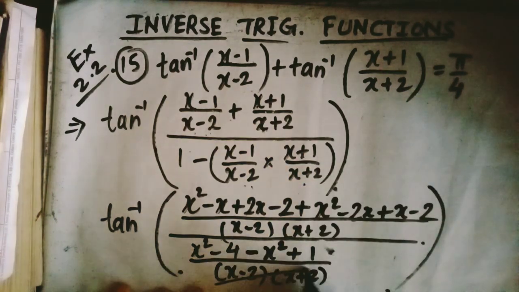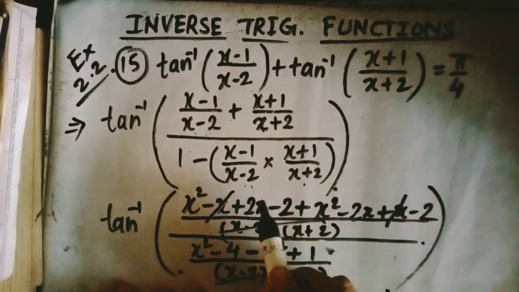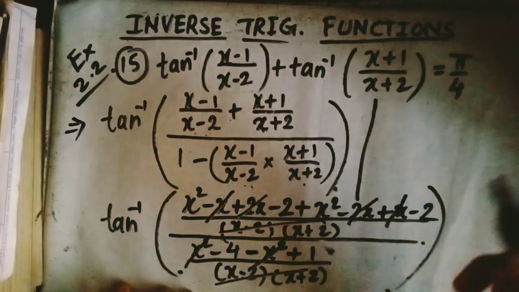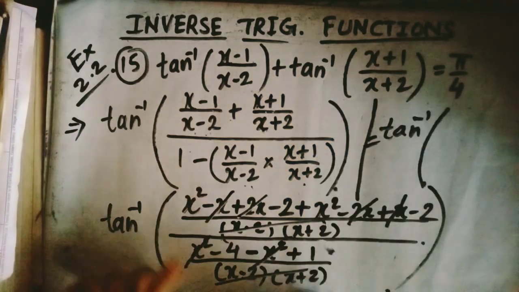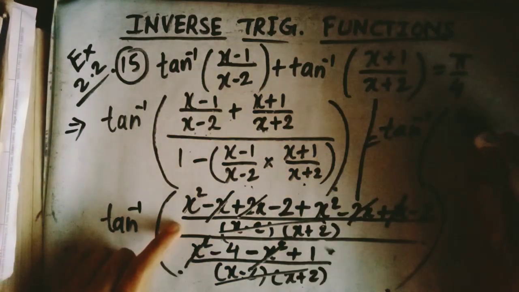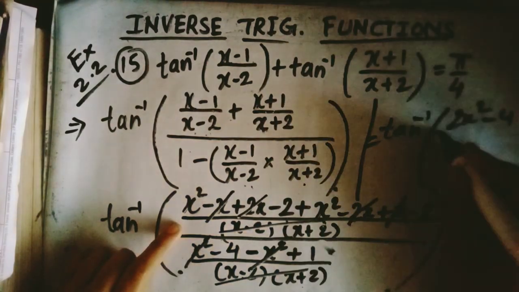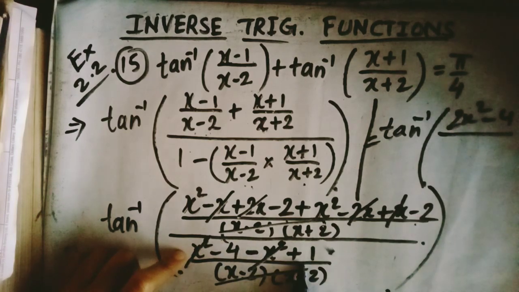Okay, so this you can cancel, then anything else you can cancel, x plus 2x minus 2x, here x square minus x square. Okay, so you will get tan inverse of 2x square minus 2 minus 2, minus 4, upon minus 4 plus 1, so minus 3.